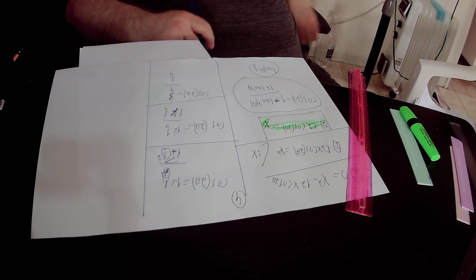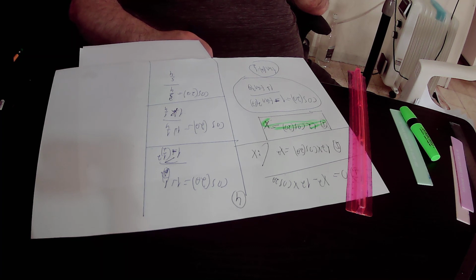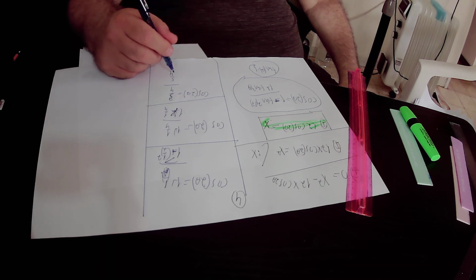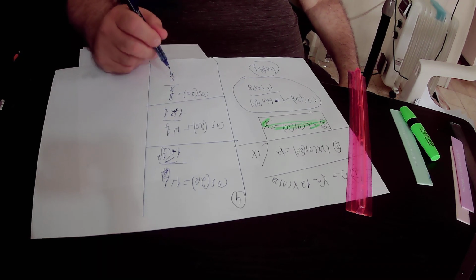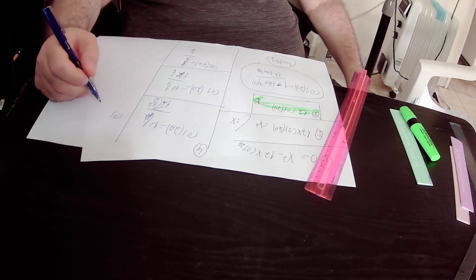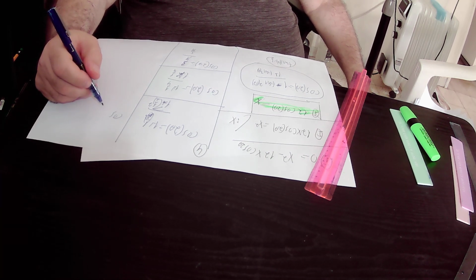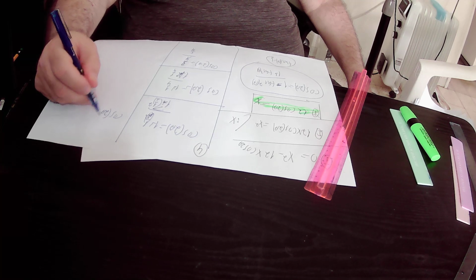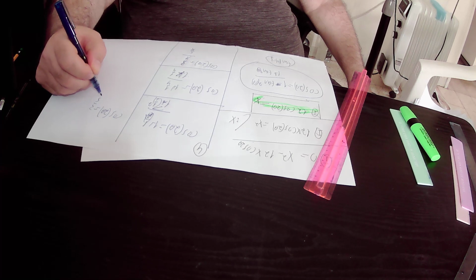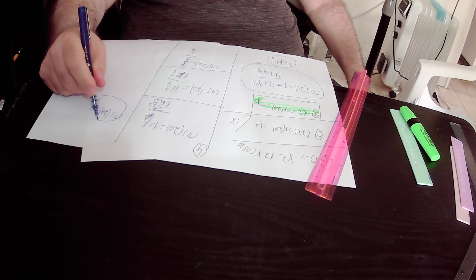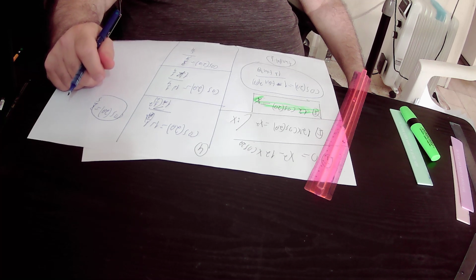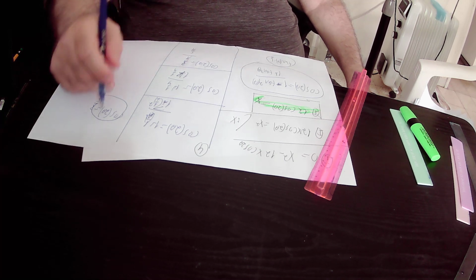So here we have 4 in the numerator and 4 in the denominator, so 4 will get cancelled. In conclusion, we found out that cosine 2 theta equals 3 over 5. Okay, cosine 2 theta equals 3 over 5.